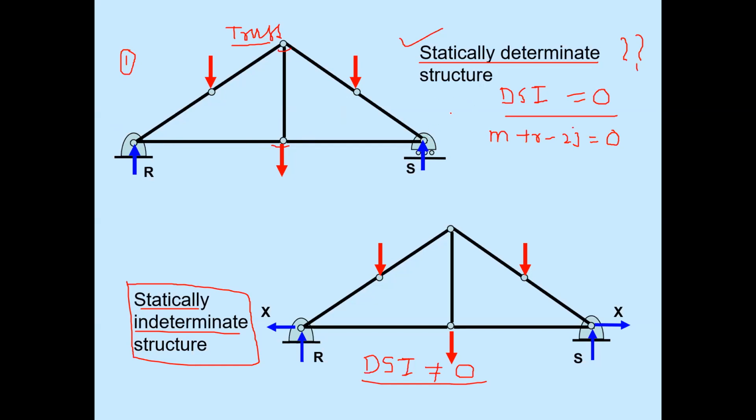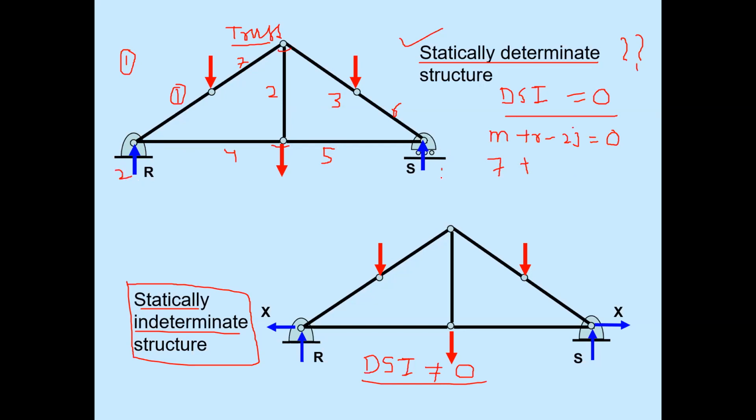So let me count the number of members. This is the first member, this is the second member, this is the third member, this is the fourth member, this is the fifth member, this is the sixth member, and this is the seventh member. So the number of members is 7, plus R. This is a hinge support, so the R value is 2 for this.